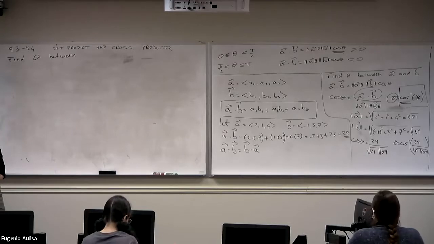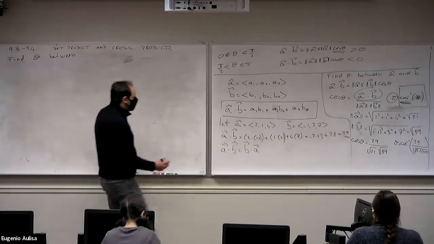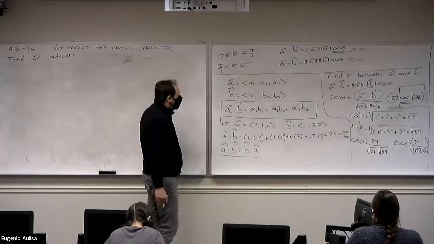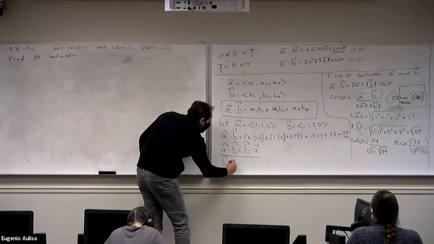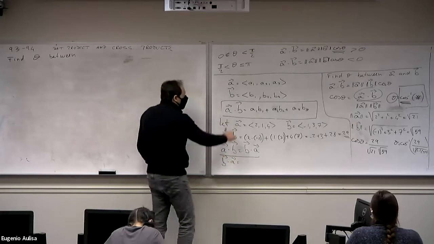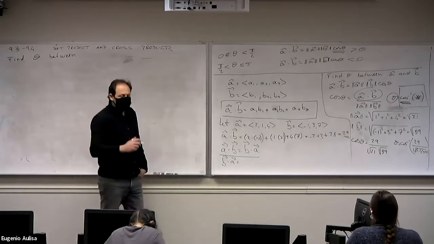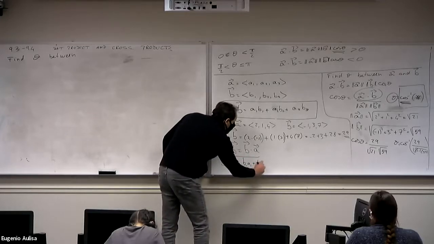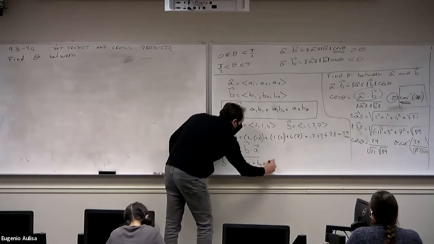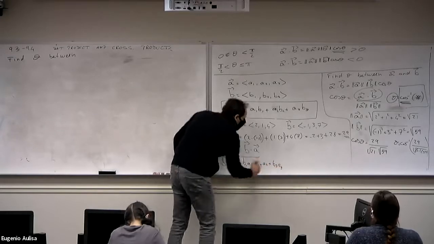Okay? Important. How do you prove that? B dot A, by the definition that we use here, is just going to be B1A1 plus B2A2 plus B3A3.